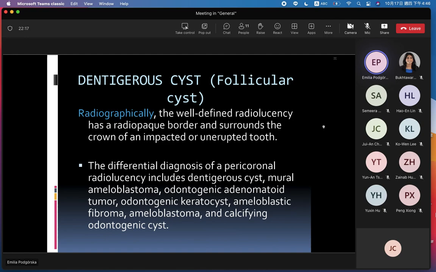Radiographically, the well-defined radiolucency has a radiopaque border and surrounds the crown of an impacted or unerupted tooth. The differential diagnosis of a pericoronal radiolucency includes dentigerous cyst, mural ameloblastoma, adenomatoid odontogenic tumor, odontogenic keratocyst, ameloblastic fibroma, ameloblastoma, and calcifying odontogenic cyst.